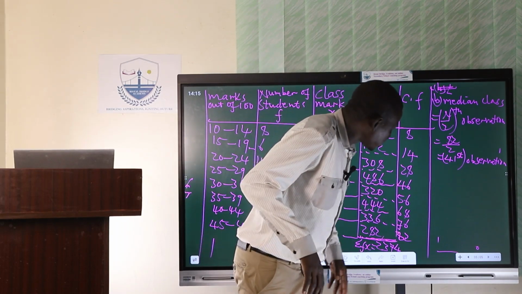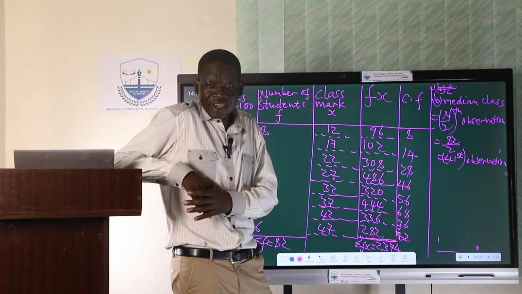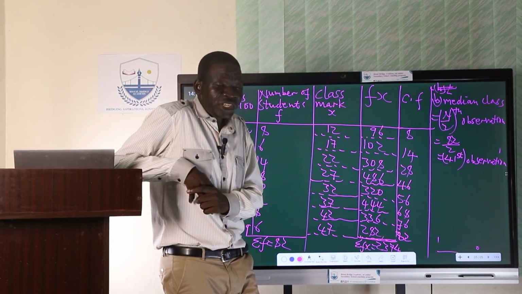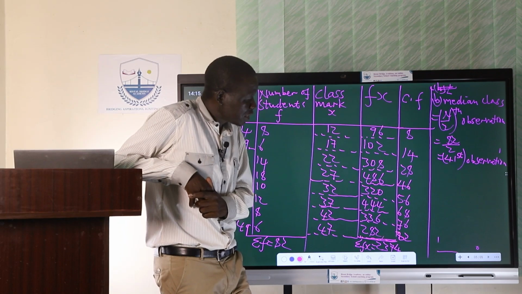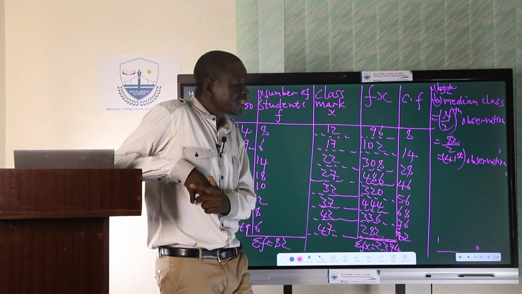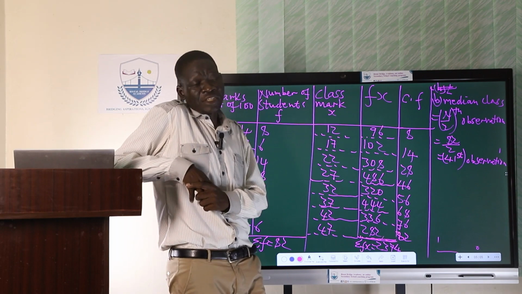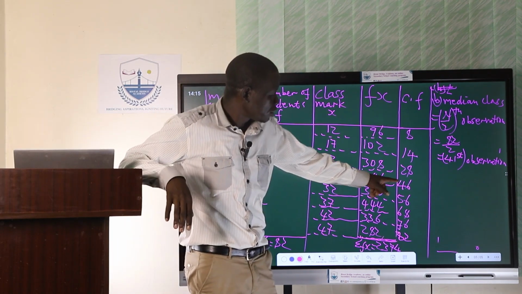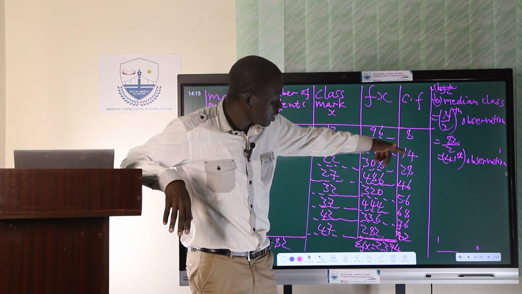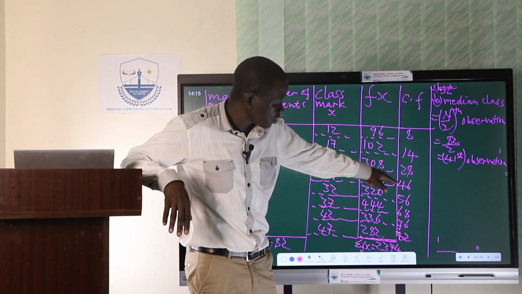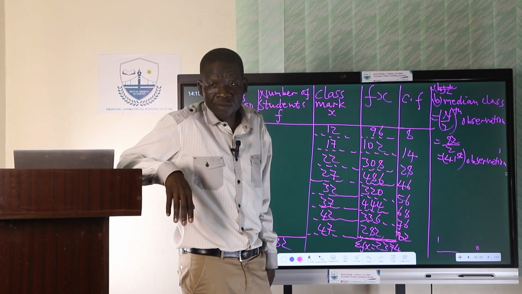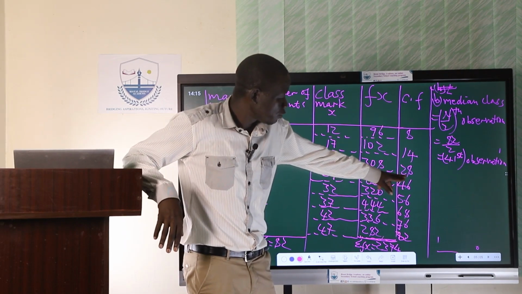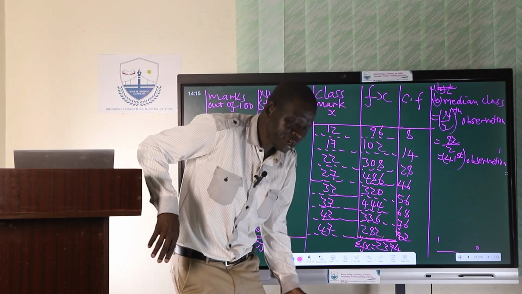Now, if 41 is not exactly there, then you consider the neighbor of 41, the figure which is near 41 but above it. In this case, you find that 41 lies between 28 and 46. So we take 46, the neighbor of 41 which is near but above it.